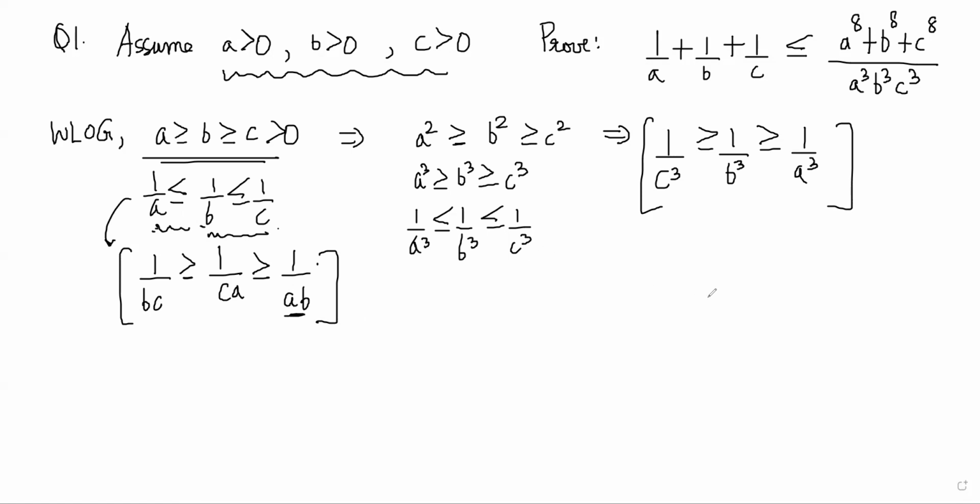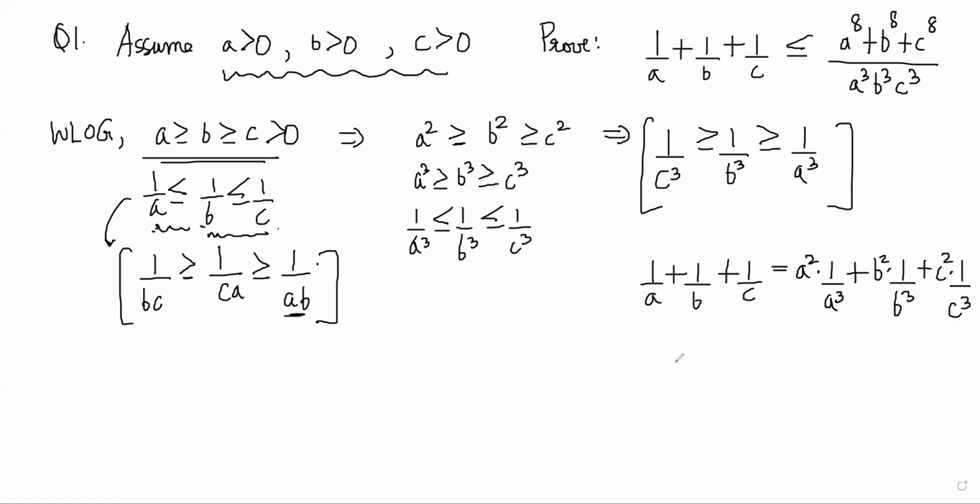Right? Okay, so let's try to think about 1/A + 1/B + 1/C. And you can think of it as A² times 1/A³ plus B² times 1/B³ plus C² times 1/C³, right?